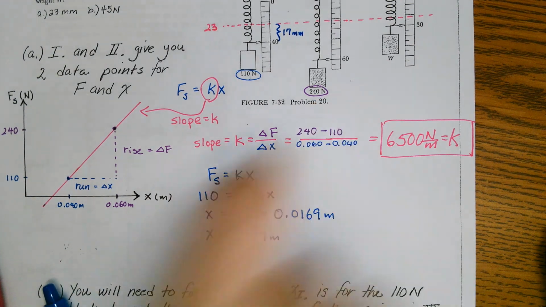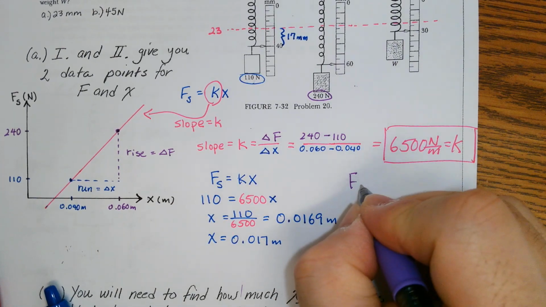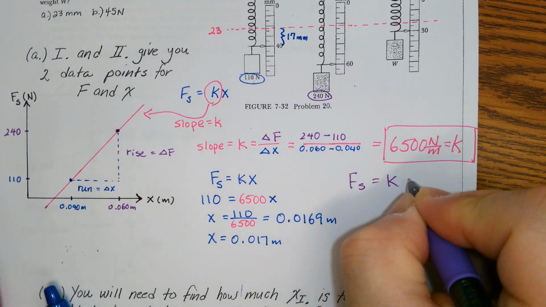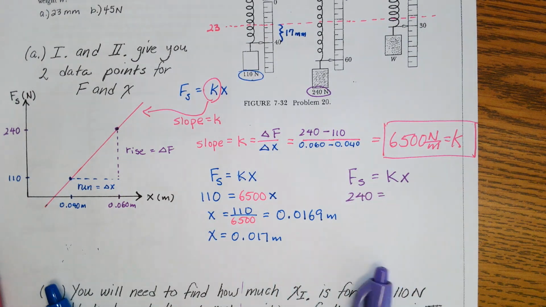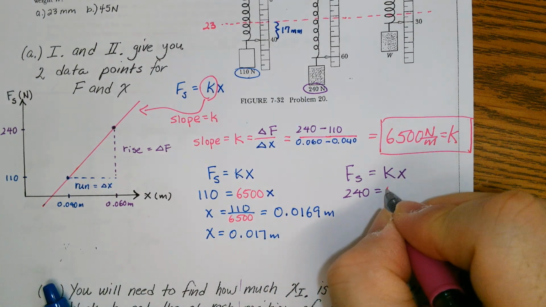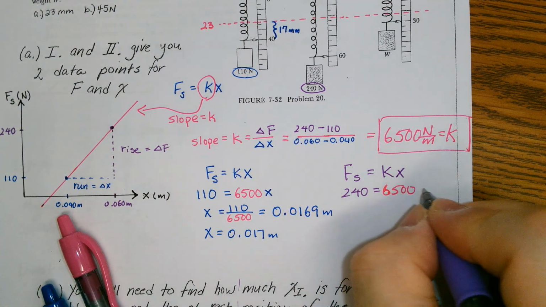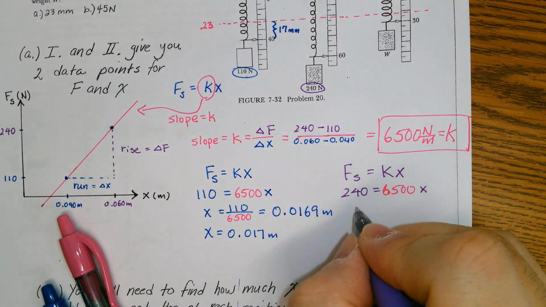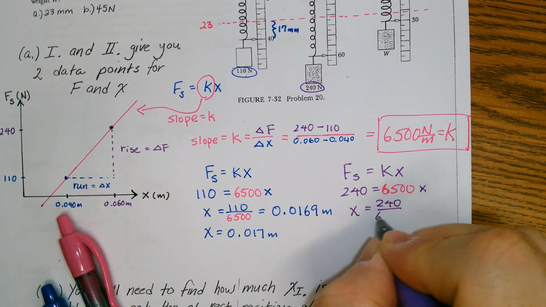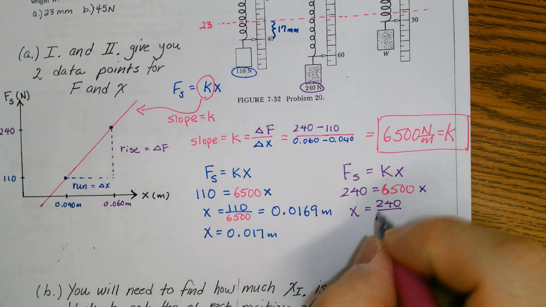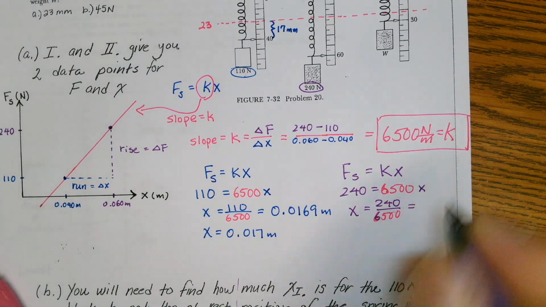If you want to use this one, you could have done the same. If you wanted to use this 240, you could have done the same. So what happens if you use 240 divided by 6,500 for my purple X?